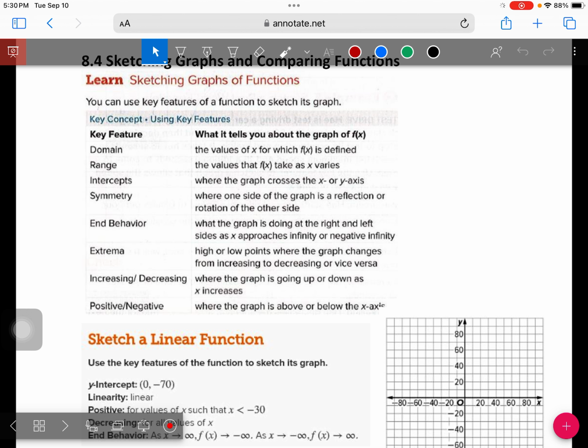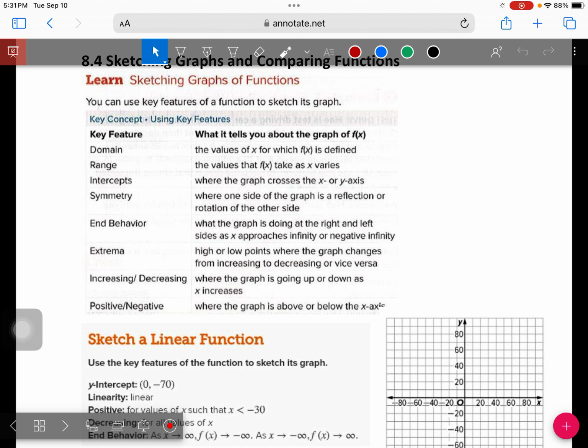Intercepts are where the graph crosses the x or y axis. Symmetry, where one side of the graph is a reflection or rotation of the other side. We've not talked about that a lot, and to be honest, I don't think we are going to need to. End behavior, what the graph is doing at the right and left sides as x approaches infinity or negative infinity.